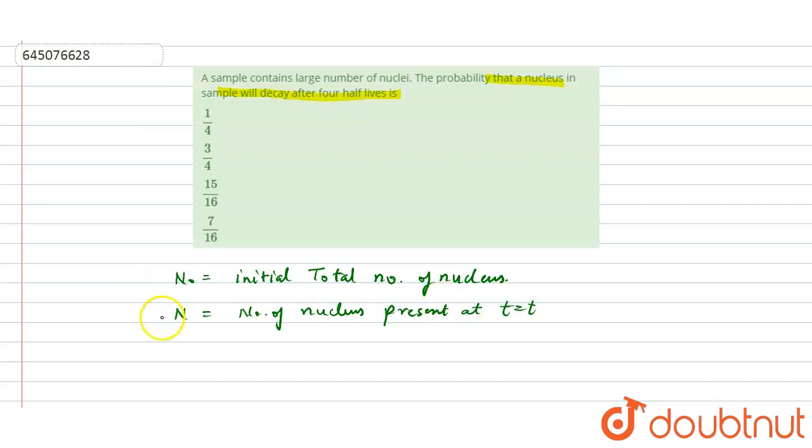So n is the number of nucleus which is present at any time t equal to t, and n0 is the number of nucleus at time t equal to 0.